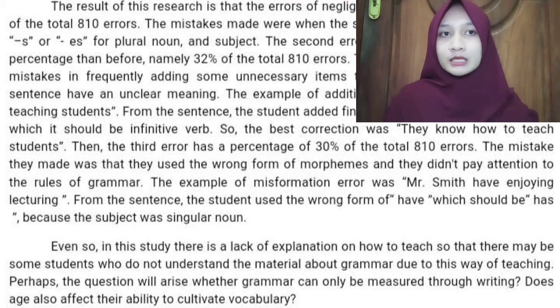Even so, in this study, there is a lack of explanation on how to teach, so there may be some students who do not understand the material about grammar due to this way of teaching. Perhaps the question will arise whether grammar can only be measured through writing. Does age also affect their ability to cultivate vocabulary?